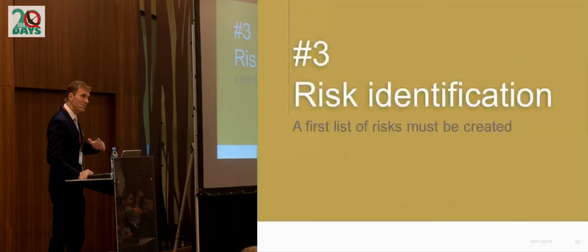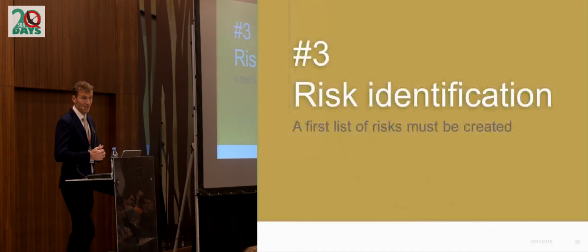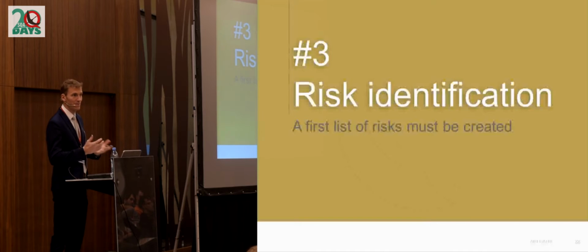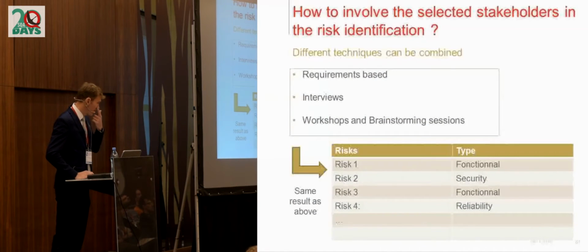Then, once you have the people, you will be able to start the identification phase of the risk-based testing process. So the goal is to identify a first set of risks and to create a list with these risks. How to proceed? There are different options. You can analyze the requirements if you've got some requirements.